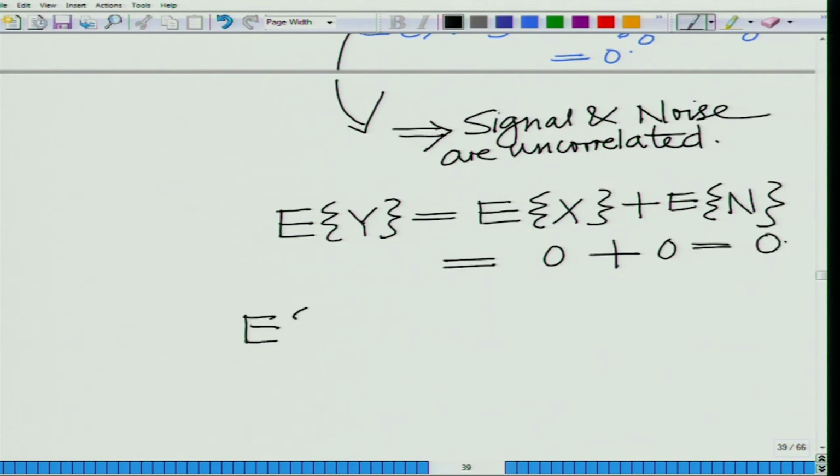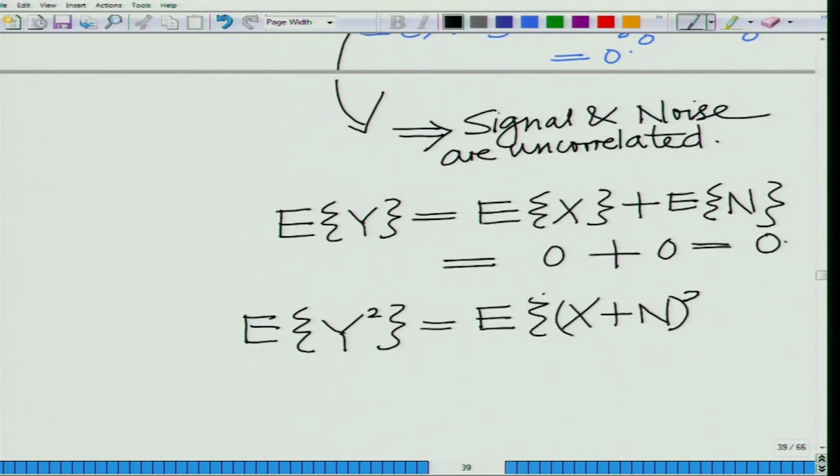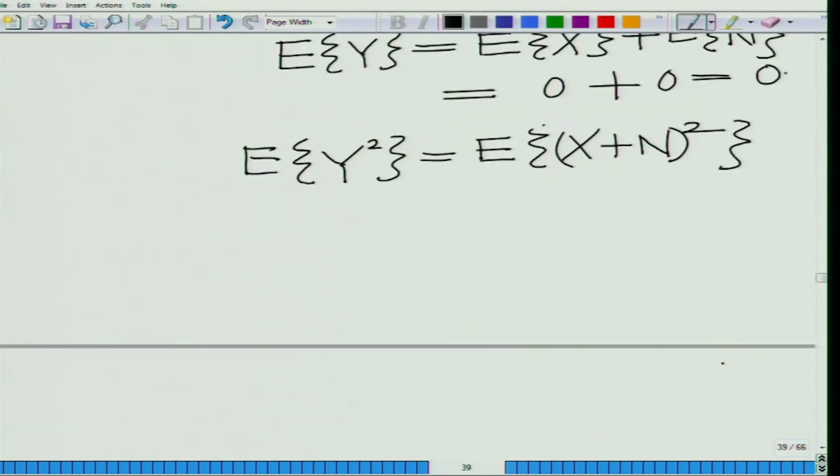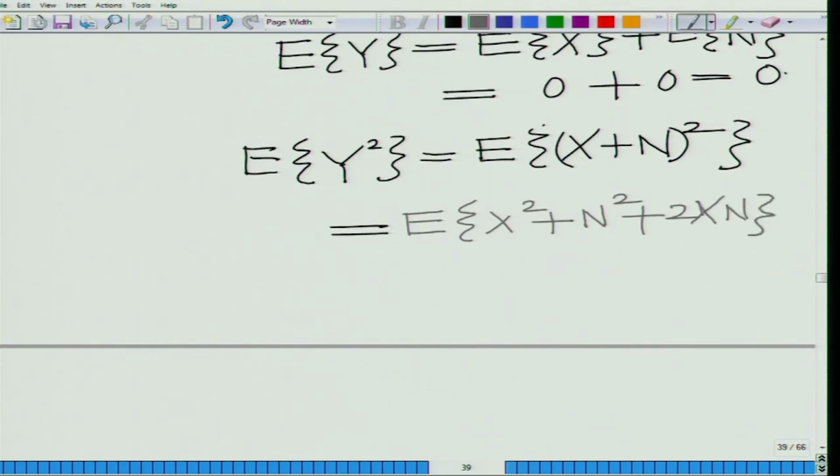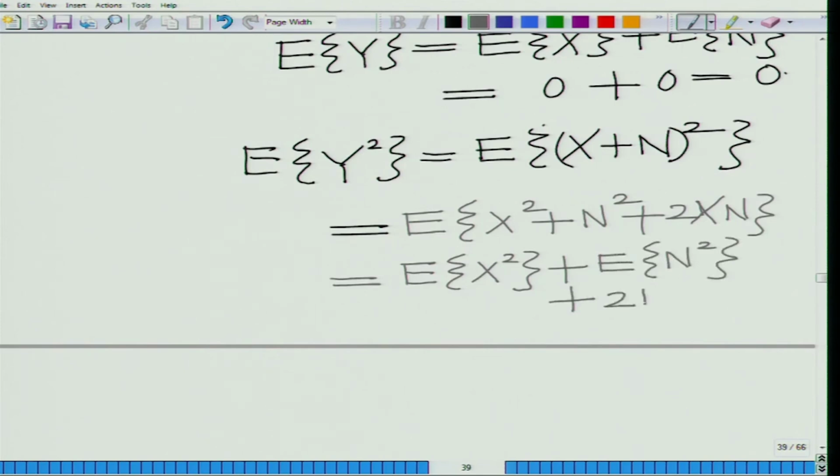Further, if you look at expected y square, this is equal to expected value of (x plus n) whole square, which you can simplify as expected x square plus expected n square plus twice expected value of x n.